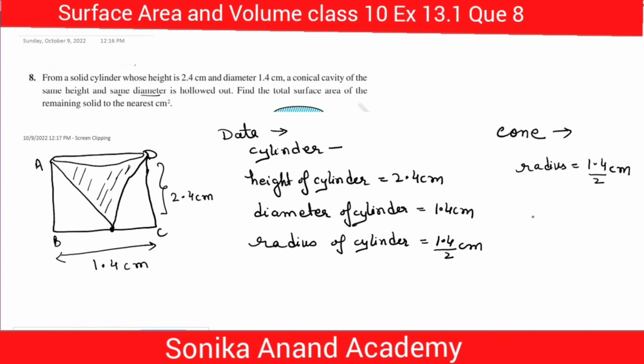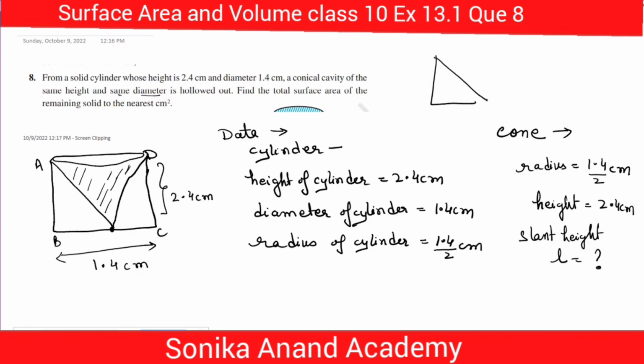Now for the curved surface area. Now height of the cone is again 2.4 centimeter. Now we have to find also slant height in case of cone, that is L, and we don't know. Now for the slant height, this is the radius, this is the height, and this is the slant height. Now radius I have 1.4 by 2 and height I have 2.4. Clear? And we have to find slant height.